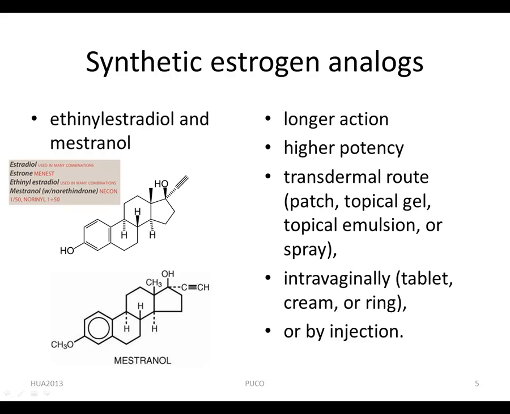To reduce first-pass metabolism, the drugs may be administered via the transdermal route, patch, topical gel, topical emulsion, or spray, intravaginally, tablet, cream, or ring, or by injection.